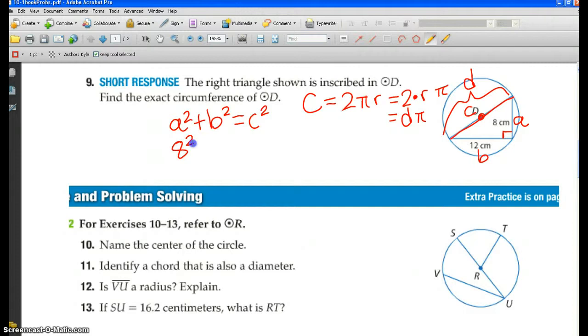So 8 squared plus 12 squared equals c squared. So we have 64 plus 144, which would add up to 208.